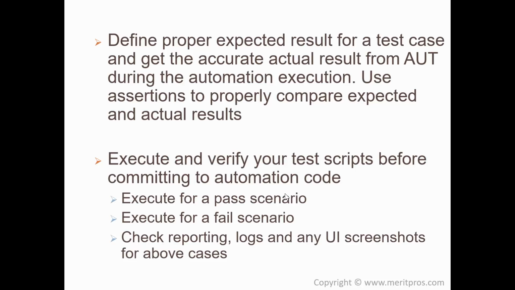Execute for a fail scenario and see that everything is coming up properly, like in reporting, we are getting proper screenshots, proper exceptions and proper logs, everything. So execute for a pass scenario, okay, it is good. Execute for a fail scenario, okay, it is good. Then when you are happy, make a commit and add that to your automation suite.